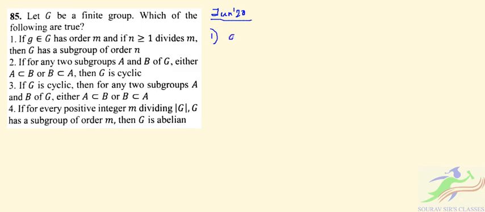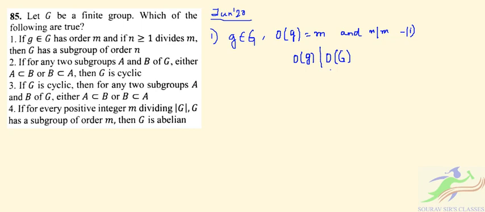So we have this: the order of g, not the capital G, it will be small g, the order of g is M, and n divides M, it is equation 1, and we have O(g) is a factor of O(G). So this is equation 2.